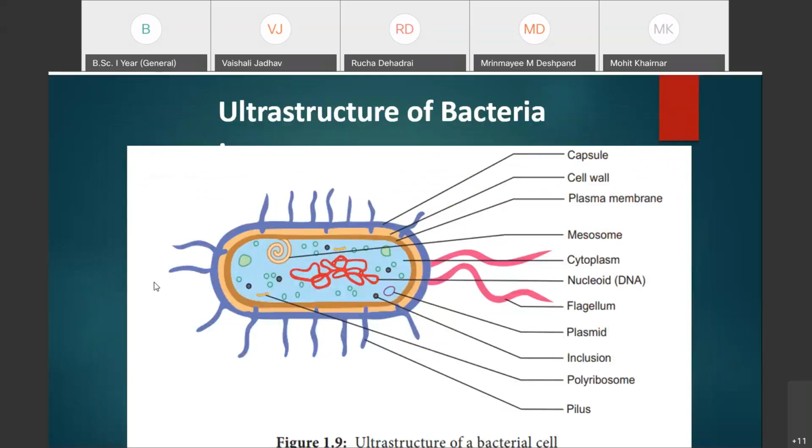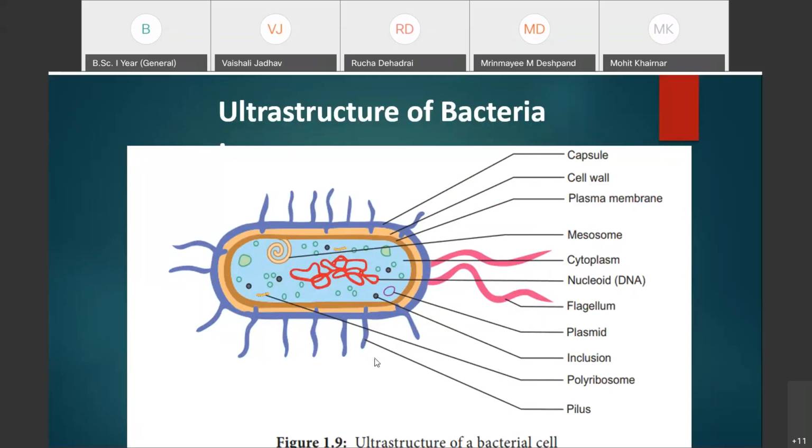Another type of appendages present, other than the flagella, is the pilus. Here you can see the pilus; in the singular form it is called pilus, and when a large number are present, it is called pili.